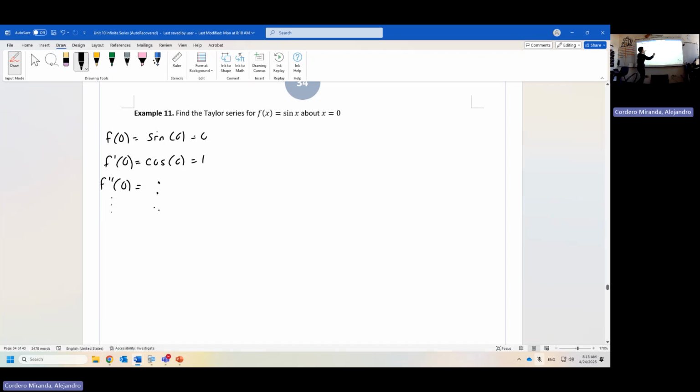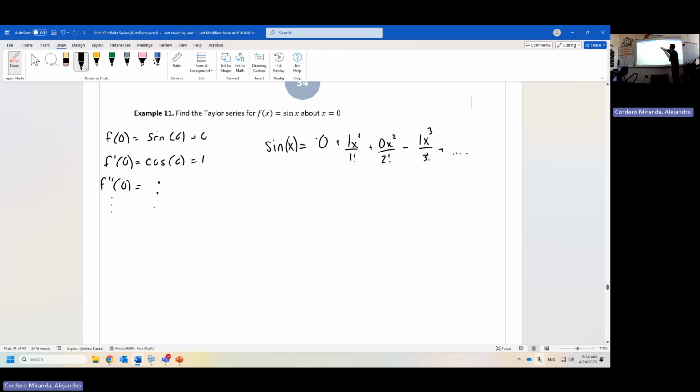And so then you find a similar pattern shifted by 1. So it's 0 plus 1x to the first over 1 factorial, plus 0x squared over 2 factorial. It's now all the odd ones that you get. So you guys got that?